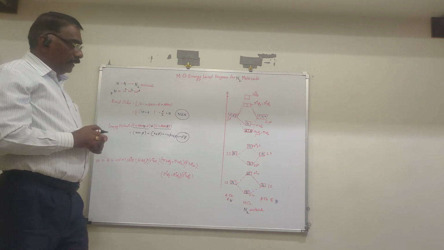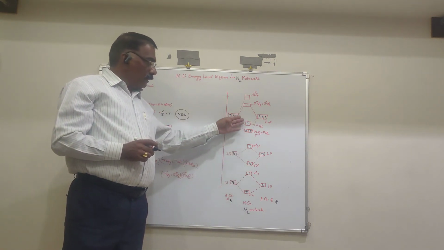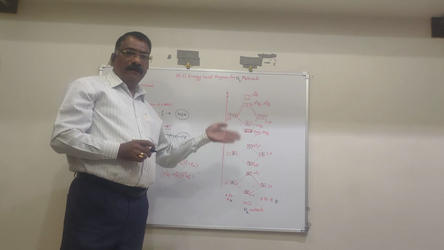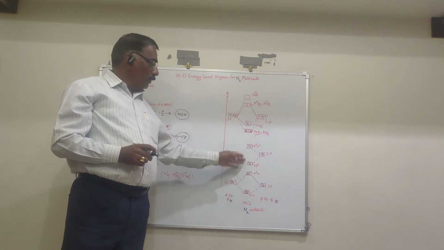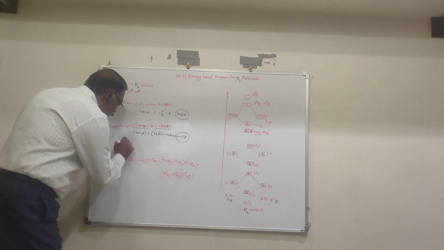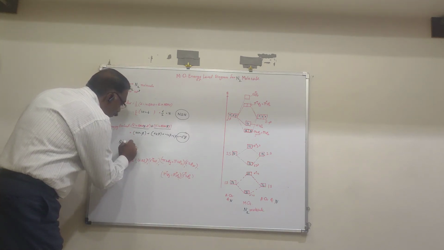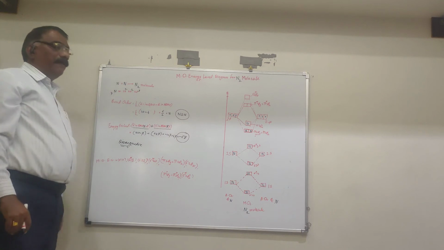Another thing, magnetically, is it diamagnetic or paramagnetic? We know that if electrons are paired, it is diamagnetic. If electrons are unpaired, it is paramagnetic. But here all electrons are paired, and so the N2 molecule is diamagnetic.